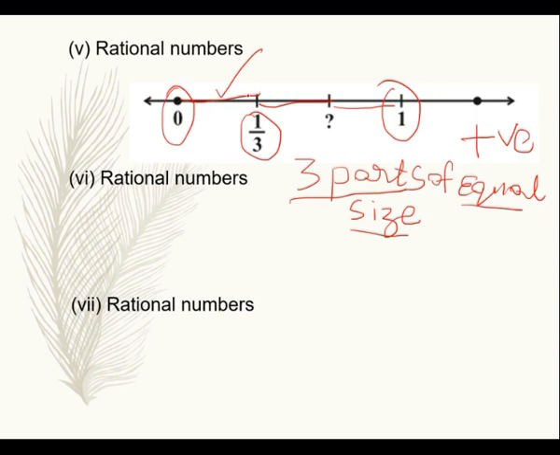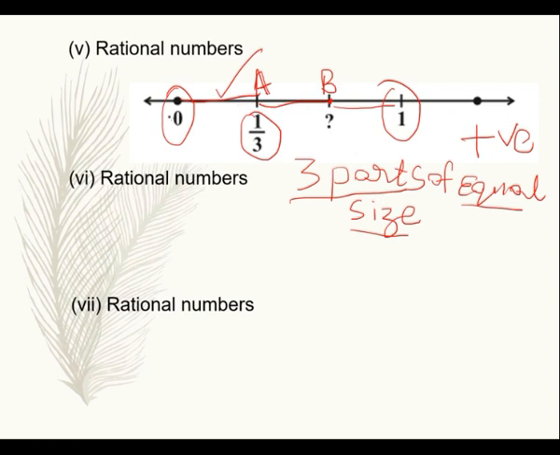Now from 0 to this place, let me call this point A; it represents 1/3. Now from 1/3 to this next point, let's say point B, that is also a 1/3 portion.